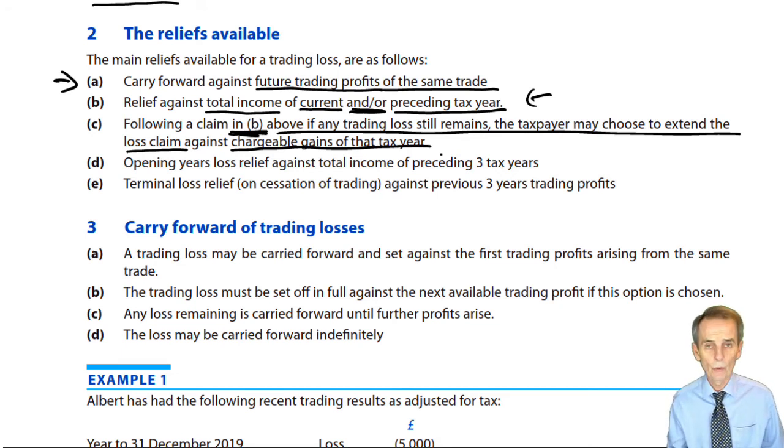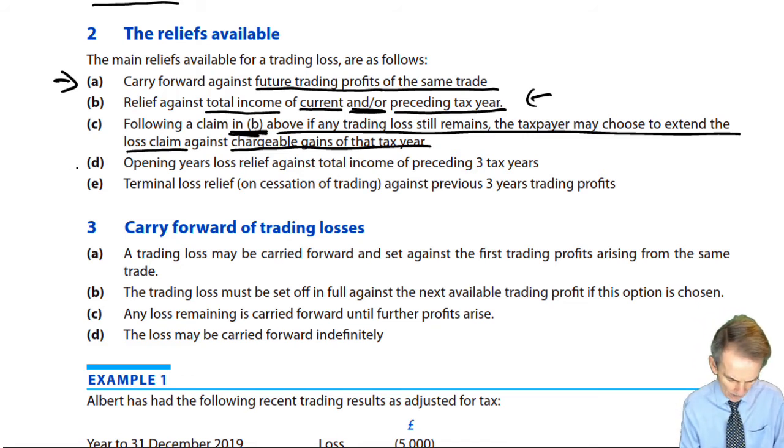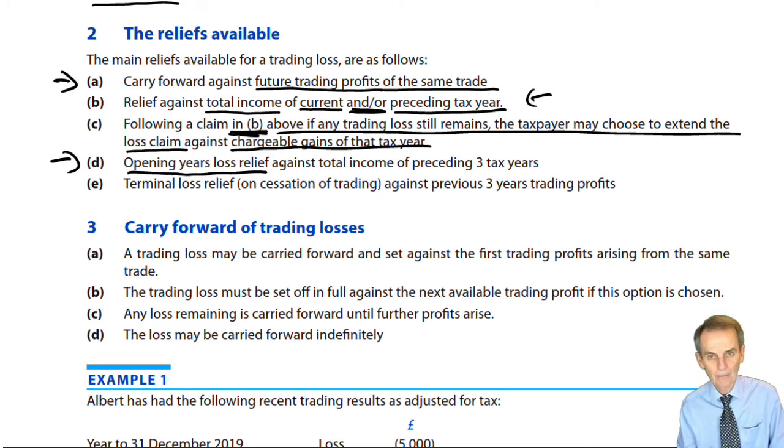Other than that loss relief, which is available from the very first tax year to the very final tax year, alongside the first two reliefs, the carry forward and the carry back options there, we then have two specialist reliefs that we'll see at the end of this chapter that deal with, firstly, a specialist relief, which is an opening year's loss relief, which will allow, like current and preceding year claims, to go against total income.